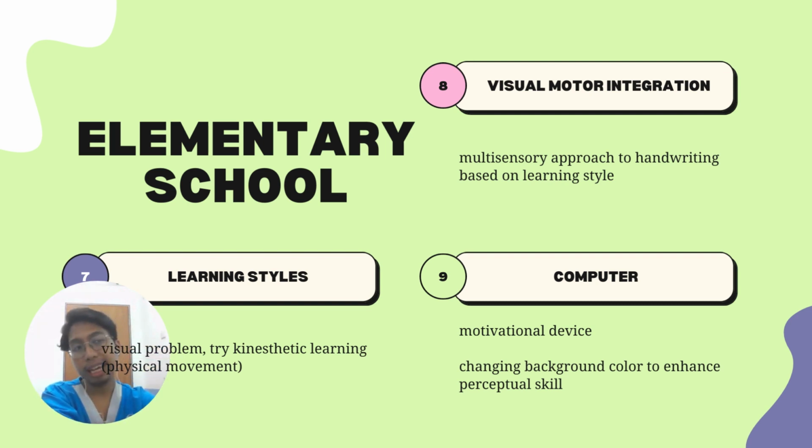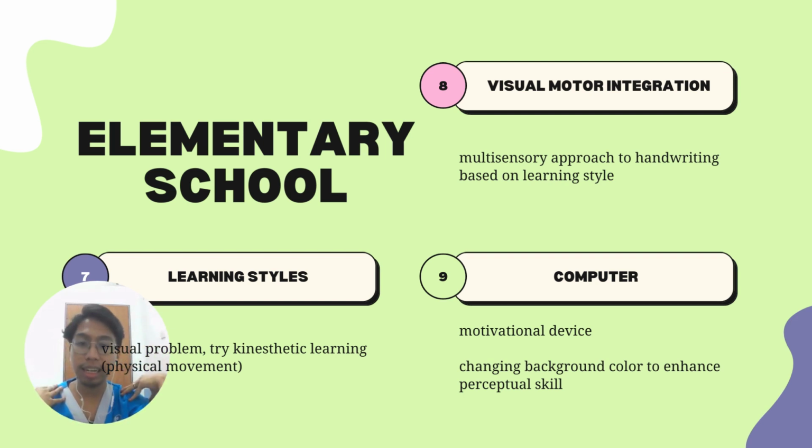Let's say your kid is a visual kind of person, so you cannot simply say "pergi ambil remote", because they cannot visualize how a remote looks like. So with a visual prompt, show the image of the remote. "Ambil remote, ni remote." So they know, oh, remote macam ni. So they look at it and "cari". So that's an example of learning style.